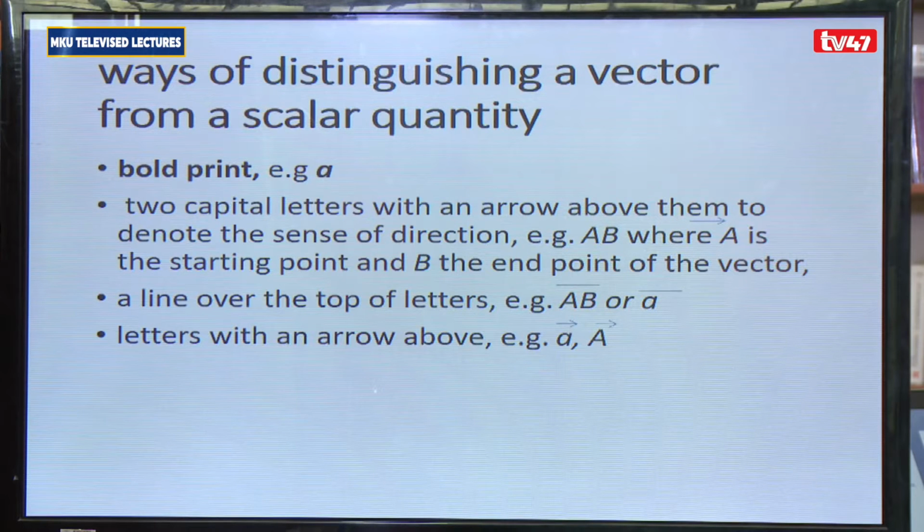If it is AB with an arrow above it, then you know that A is the starting point and B is the end point, and the direction is shown by that arrow. You may also have a line above the letters, or if it is just one letter, a bar on top of it, and still that is a way of showing that it is a vector quantity.